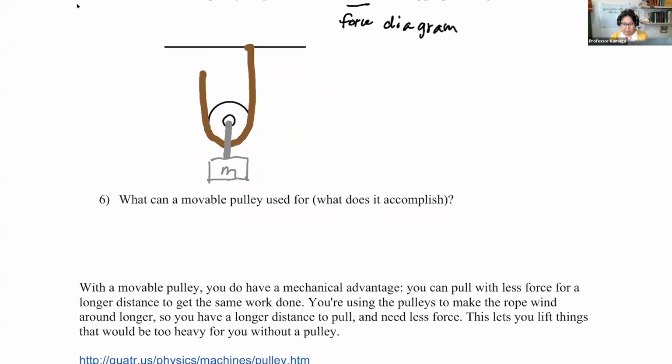Then what happens? You're always going to have a gravitational force vertically downward, Fg. But since you see here, it's the same rope, one rope, but it looks like it's supported by two ropes. So in this case, we're going to have an upward tension force, and this tension force is going to be Fg over 2.